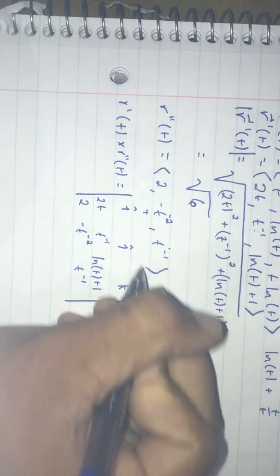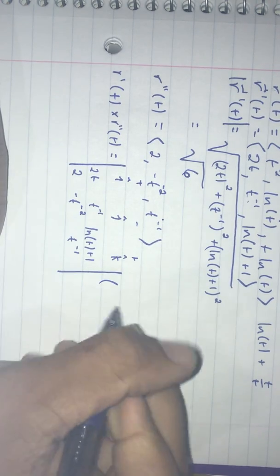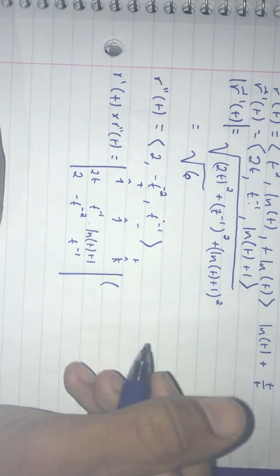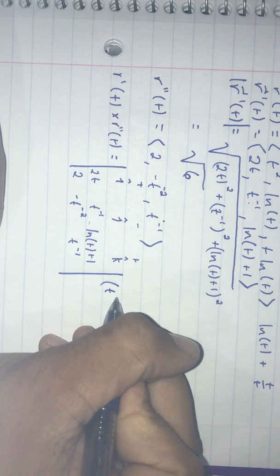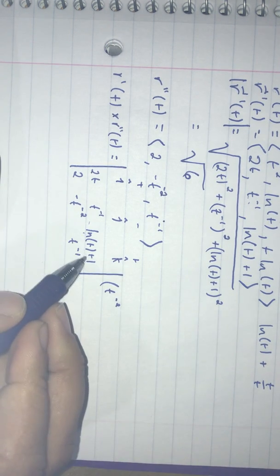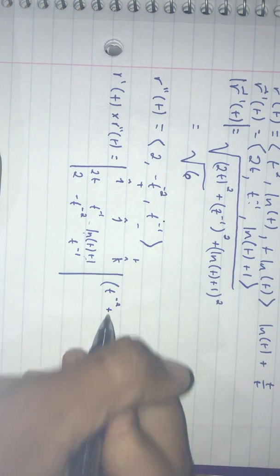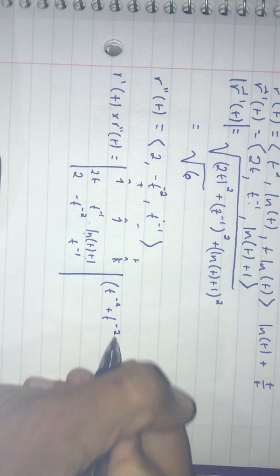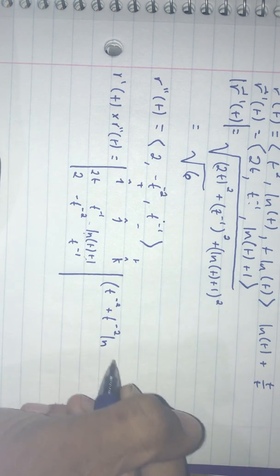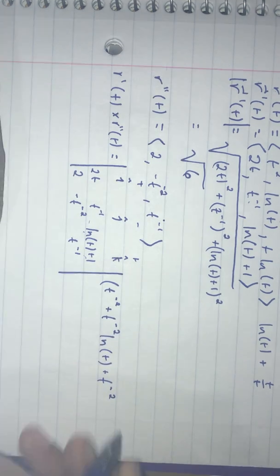So plus, minus, plus. For our i value, we get t to the negative 1 times t to the negative 1, so t to the negative 2, minus ln of t plus 1 times negative t to the negative 2, so plus t to the negative 2 ln of t plus t to the negative 2.